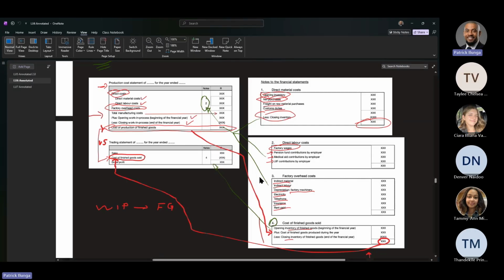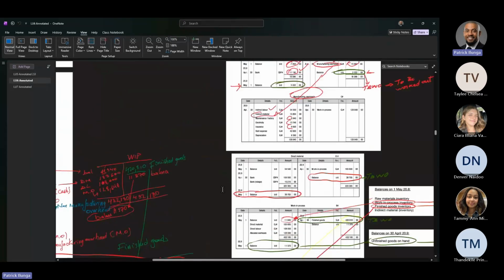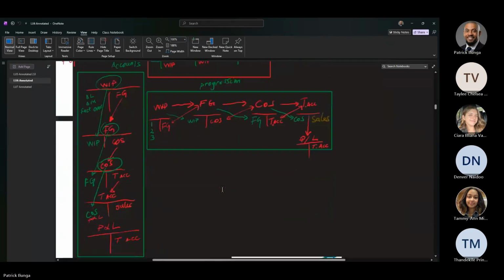All right. I have done this for you. This progression is here to help you. In fact, I've put one horizontally and another one vertically. So when you go from the finished goods, you can see that the work in process is coming on the debit side, like Ciara said.